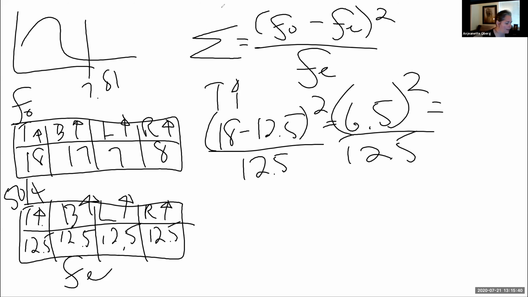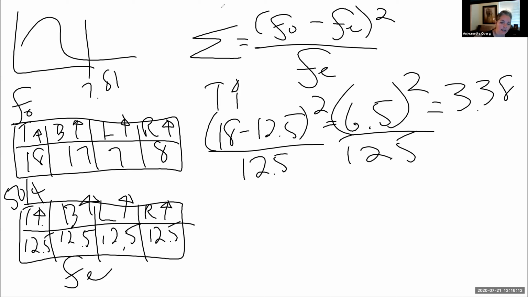I have to take out my handy dandy calculator. 6.5 squared equals 42.25 divided by 12.5, 3.38. Okay.